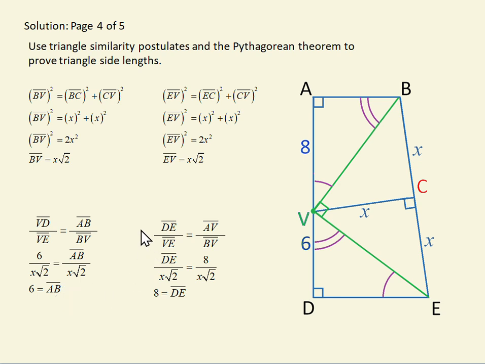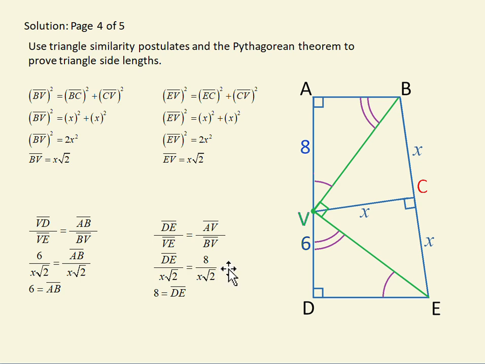We discover when we do the same process for DE and VE, we see that that triangle equals AV over BV, and we substitute the parts.